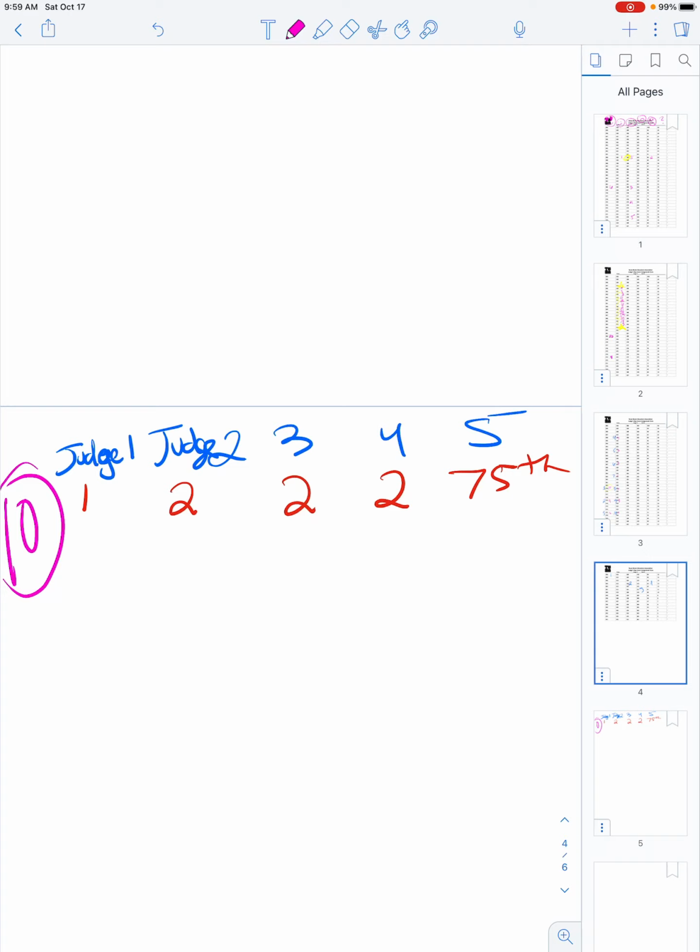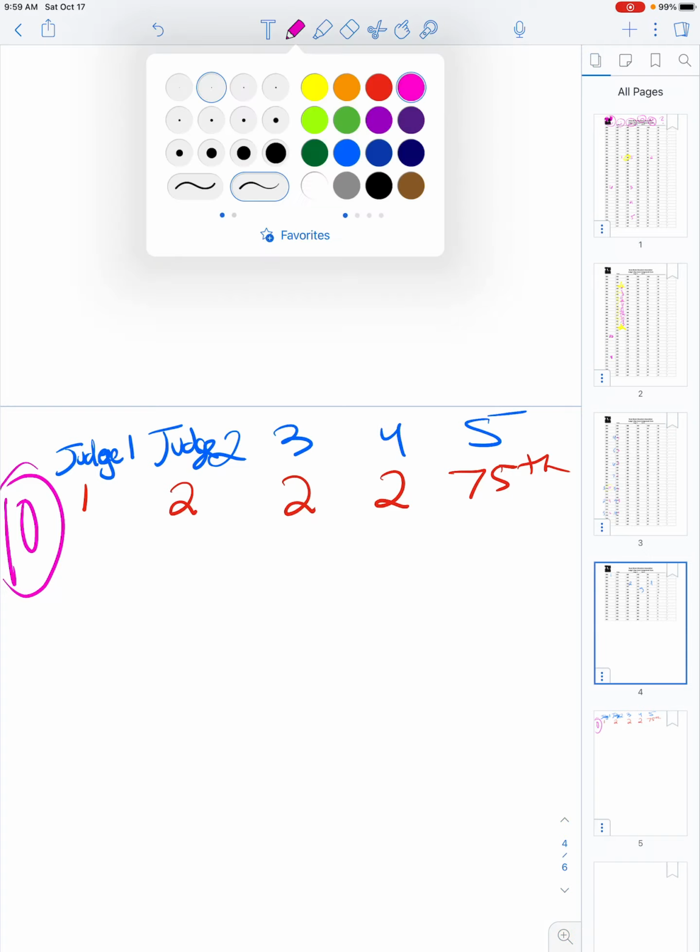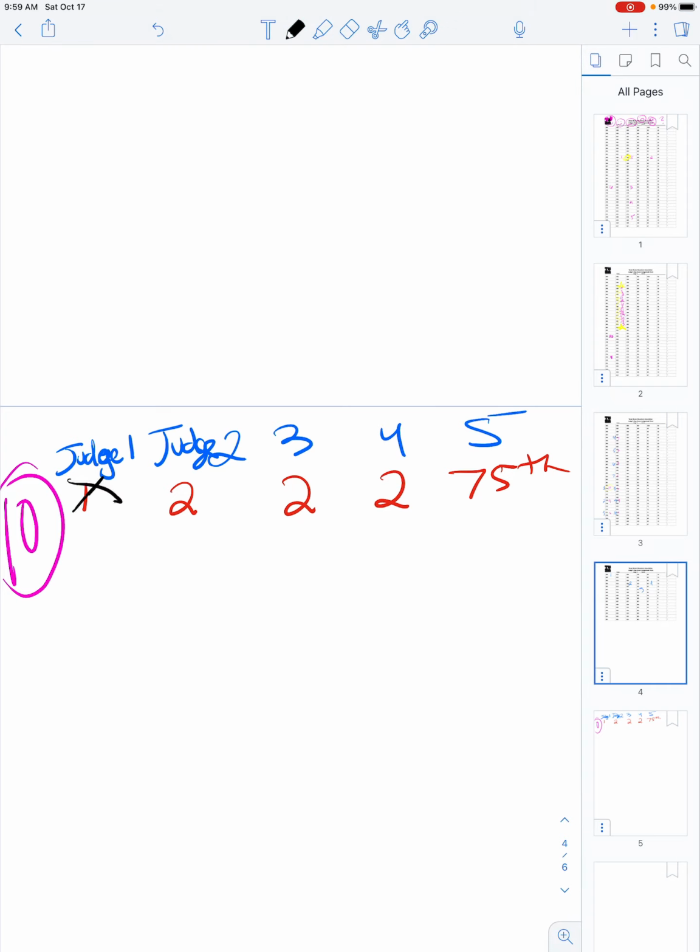The judges all gave them their ranks. What happens in tabulations is that we take out the highest and the lowest score. So goodbye, first chair. Judge 1 was her voice teacher, and she just really wanted her to win, but the highest score is taken away. Judge 5 got bad service from her at Chili's and gave her 75th chair, and that score is thrown out.